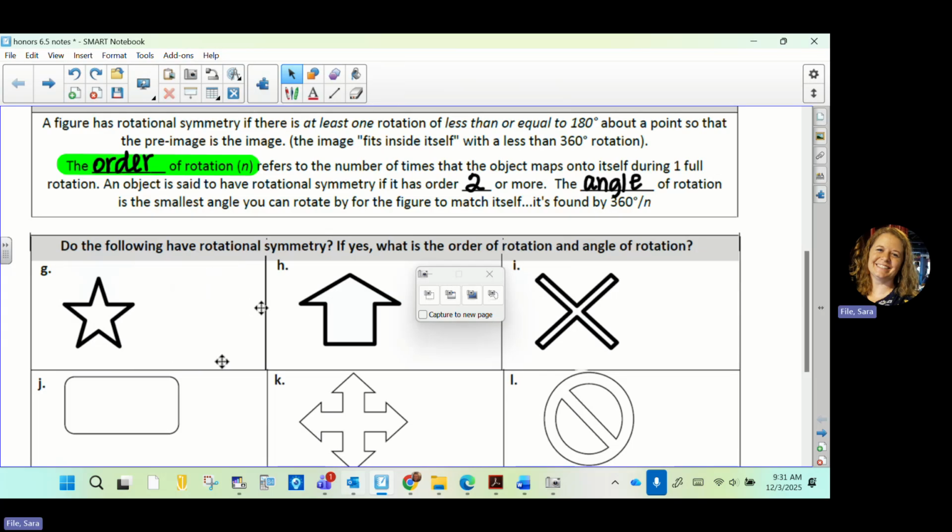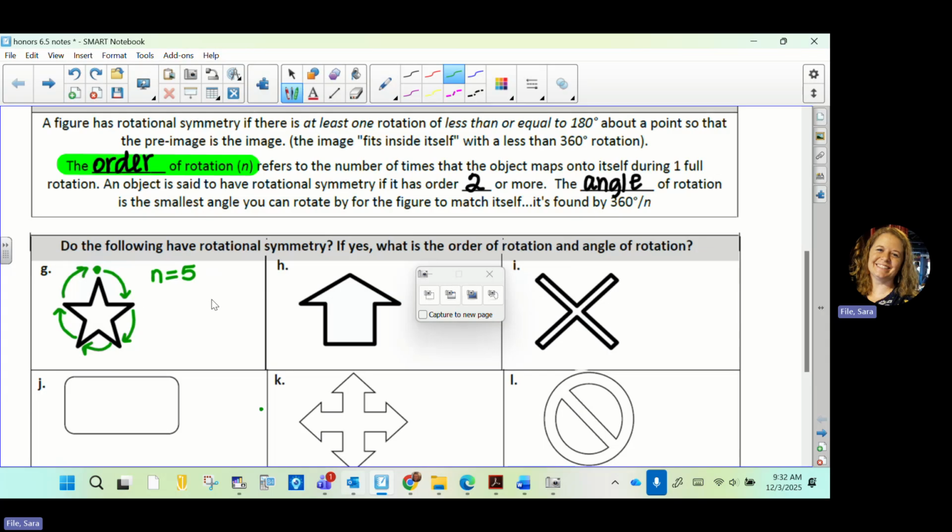So I'm going to put that the order of rotation, the n, is 5. That's the order of rotation. If it helps you, you can put a dot and show I rotated it this much and it was the same, and then that much more, and then that much more, and I rotated it 5 times and it looked identical every time.